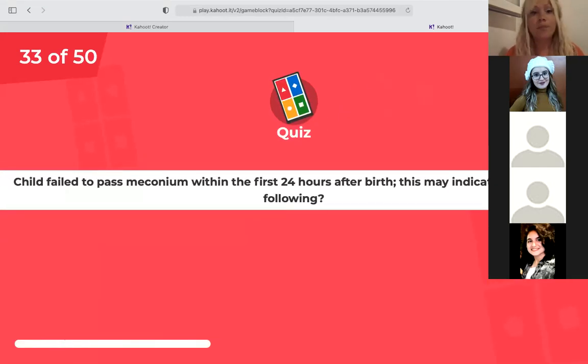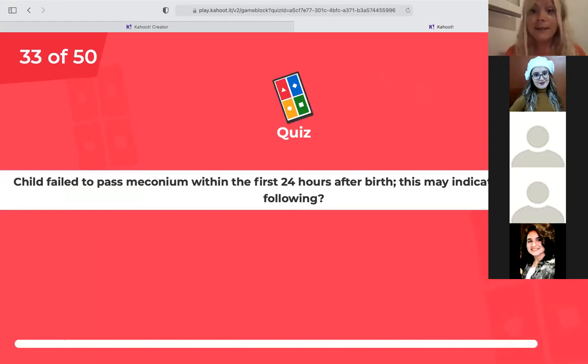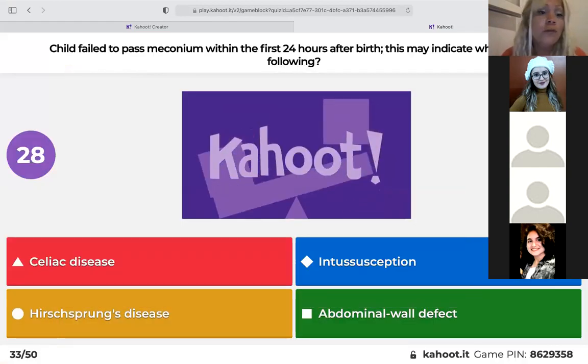A child failed to pass meconium within the first 24 hours after birth. This may indicate which of the following?